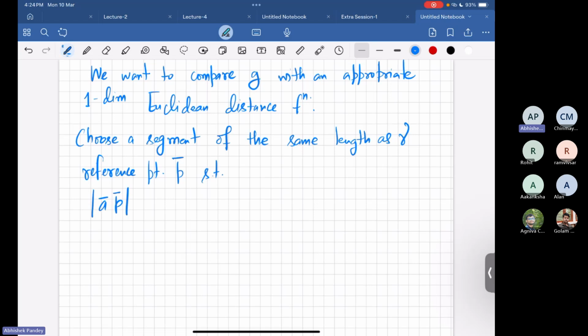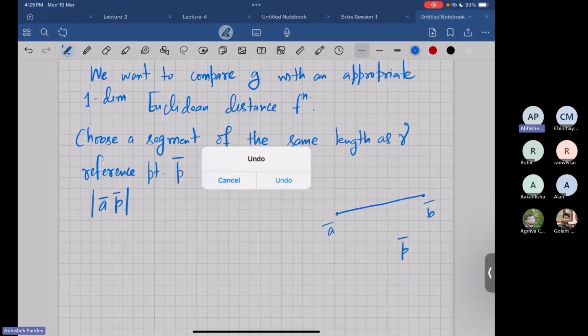Take 2 points A bar and B bar, and here is our segment of the same length.